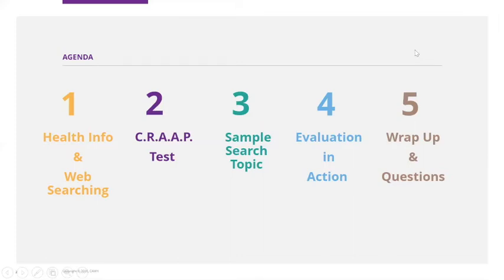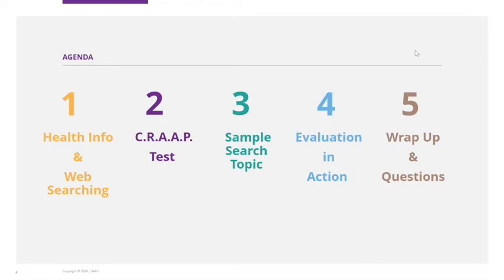Okay, perfect. So this is just a quick agenda that we will have today, and it is indeed going to be a bit of a whirlwind tour. We're going to talk a little bit about the types of health information on the web and some of the current practices of Canadians when they are searching for health information. And then we're going to use an evaluation criteria that is my favorite. It's called the C.R.A.P.P test.